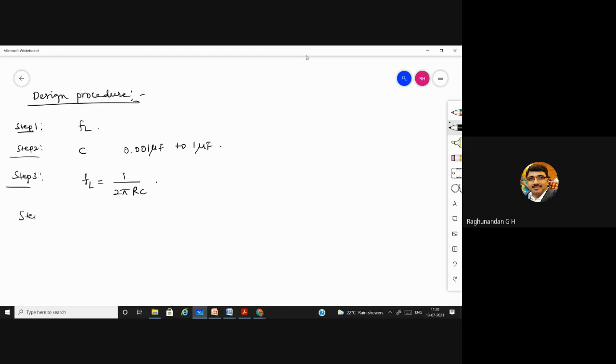And step 4, we need to find out R1 and RF, because whenever it is asked as design, we need to find all the resistors. So that's why we can use AF is equal to 1 plus RF by R1. So these are the steps which we are going to follow to find out the different resistance values. Obviously high pass filters are used in audio amplifiers, speakers or equalizers to reduce the low frequency noise.